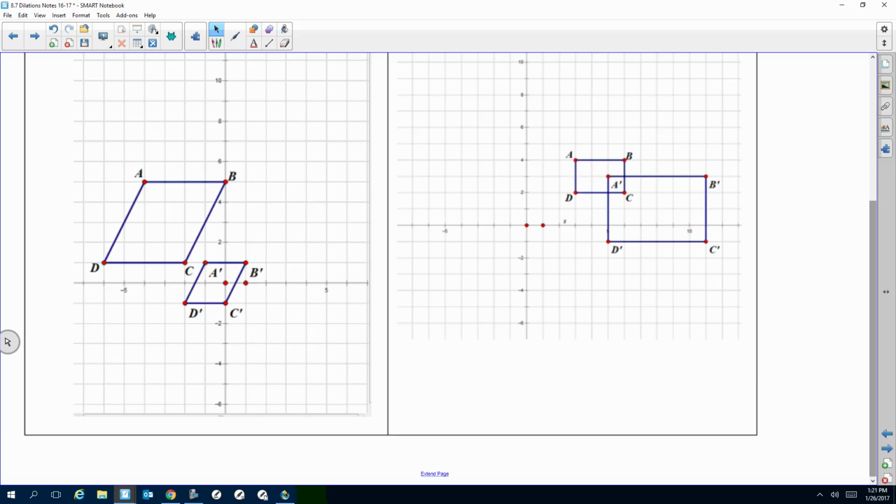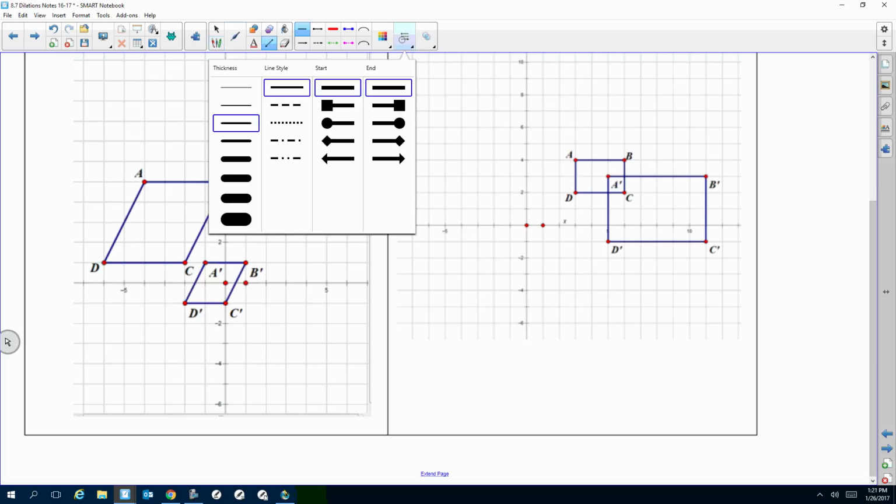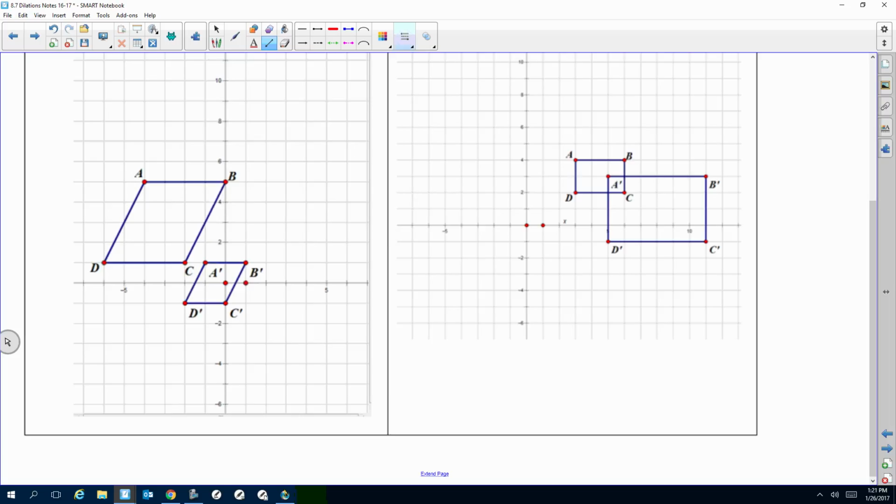So which vertice do you want to start with? All right, let's start with A. I'm going to do dotted lines. It's up to you if you want to do the same. I'm going to draw a line through A to A prime, and I'm going to extend the line. You need to extend the line so that you find the point of intersection. Make sure you extend your lines.